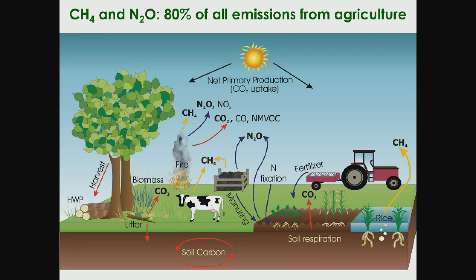So this cartoon really summarises many of the key concepts I want to talk about today. We've got various routes by which these three main gases are being emitted into the atmosphere through agricultural activities. It's principally methane and nitrous oxide that are the key gases emitted from agriculture, but with some carbon dioxide as well.